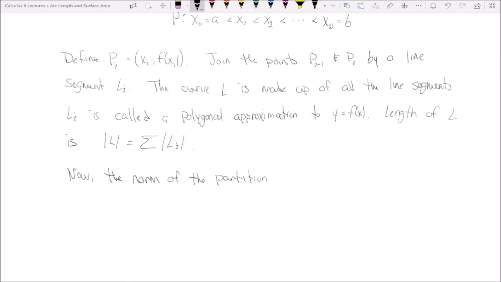If we look at the norm of the partition, it is defined as the length of the largest subinterval.